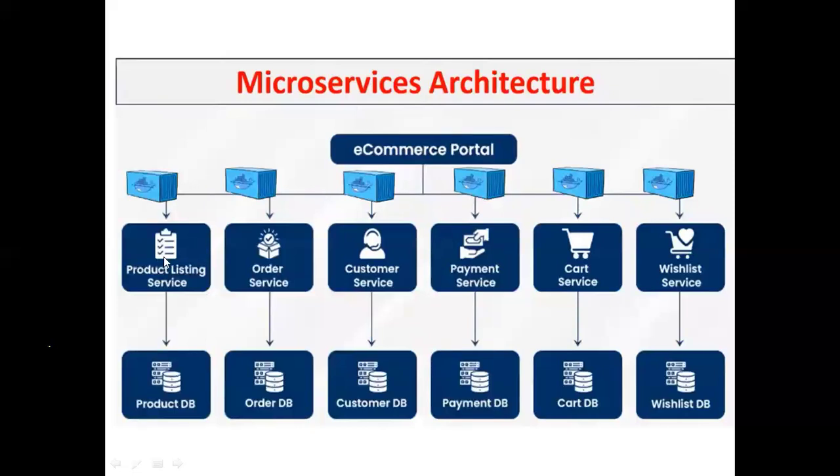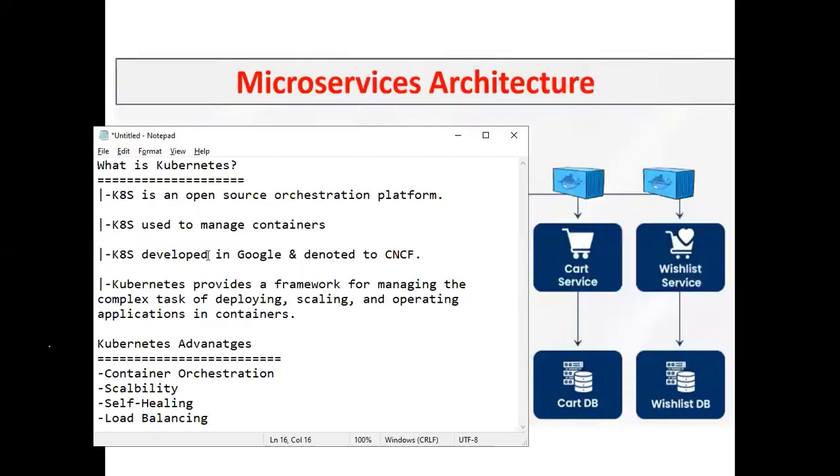Whenever any client makes a request to access the product listing service, the traffic needs to be distributed among the containers. You do not need to take care of it. Kubernetes will automatically take care of load balancing. Load balancing means distributing the traffic. So these are the advantages of Kubernetes.